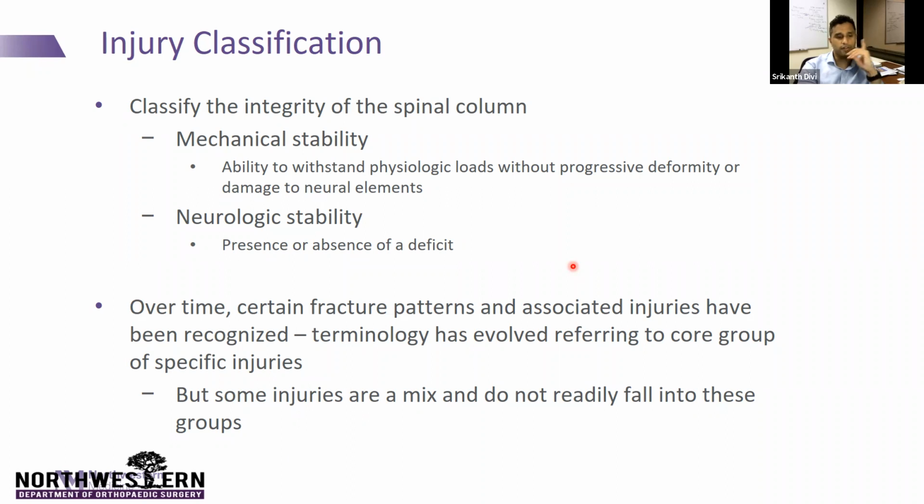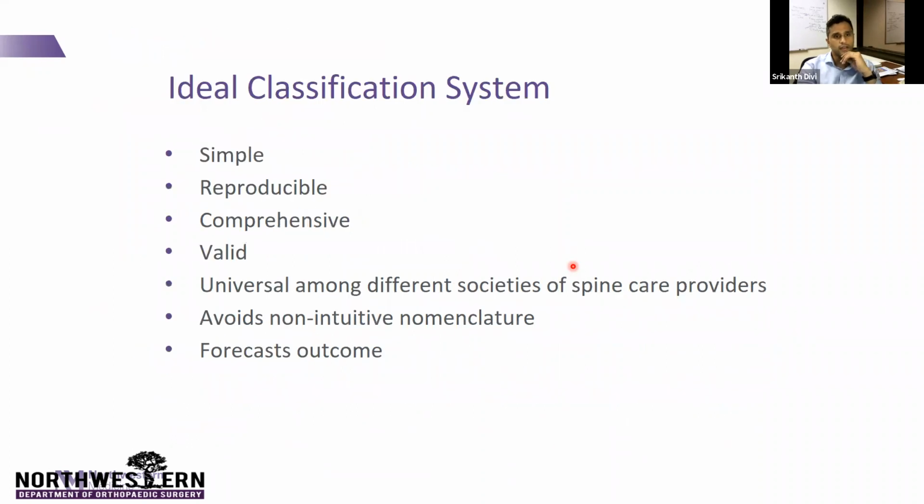You may have heard, for example, last week, Dr. Patel went over the Allen Ferguson classification for the mechanistic criteria for cervical fractures, with similar ones in the lumbar spine. An ideal system should be simple, reproducible, and serve as more of a communication technique between surgeons. And like I said, it should move us towards standardizing care for a certain injury.